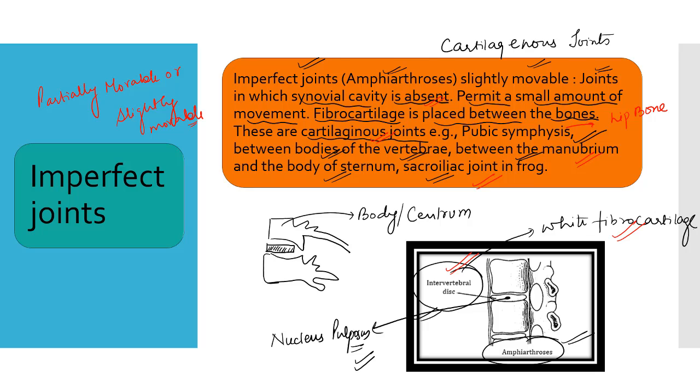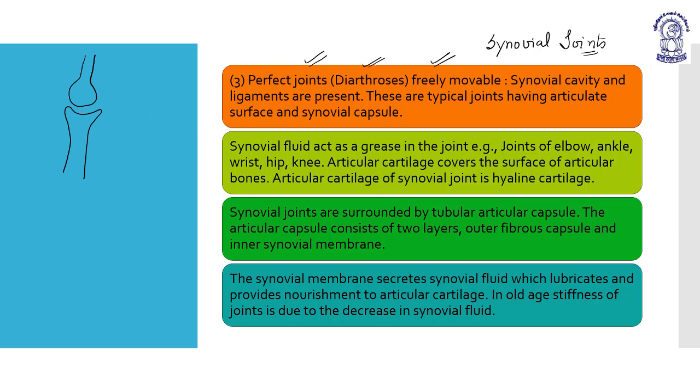Then come the synovial joints, which are freely movable joints known as perfect joints or diarthrosis. They are freely movable. The synovial cavity and ligaments are present. Ligaments help to connect bone to bone.